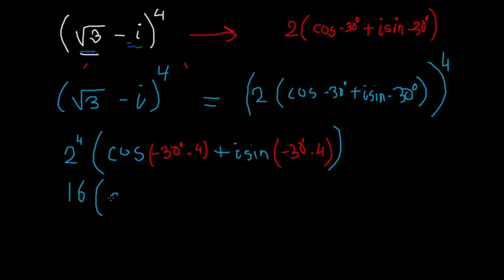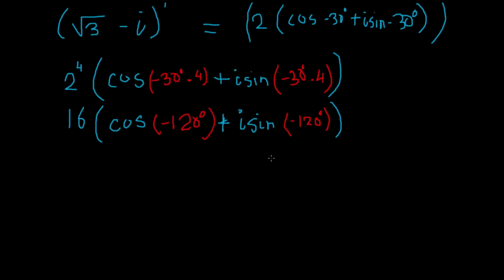So 16 times cosine of negative 30 times 4, which is negative 120 degrees, plus I sine of, again, negative 30 times 4 is negative 120, so negative 120 degrees. Now we just compute these.